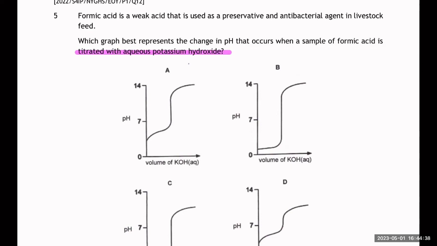Very good. If I titrate A with B, it means I'm adding B to A. So the formic acid is titrated with aqueous potassium hydroxide: to the formic acid, I add aqueous potassium hydroxide from the burette. So that is understanding the language there.